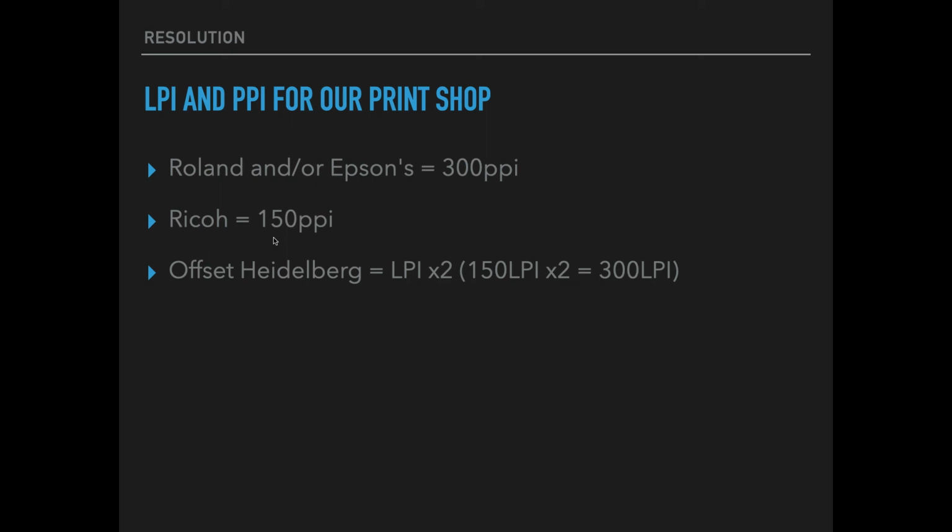So nothing we print on the Ricoh is going to be overly complicated. It doesn't need to be the best quality. It's probably a single use. So lower the quality, it'll be okay. We have an offset Heidelberg out back, and you can get away with 150 down by 150 across for 300 LPI.